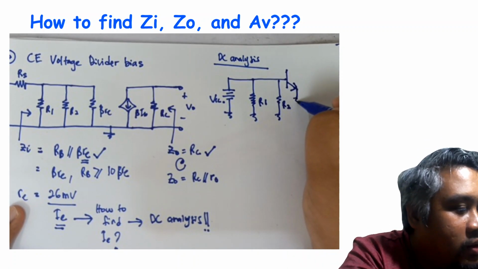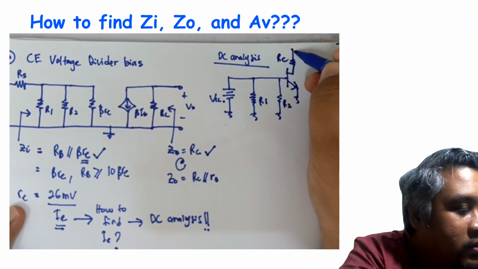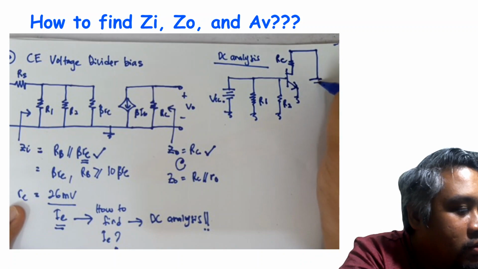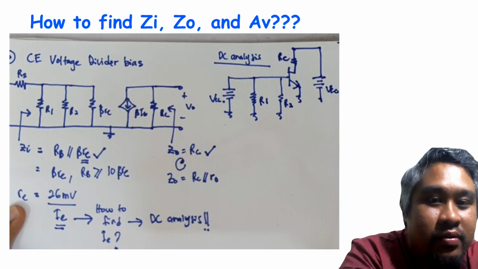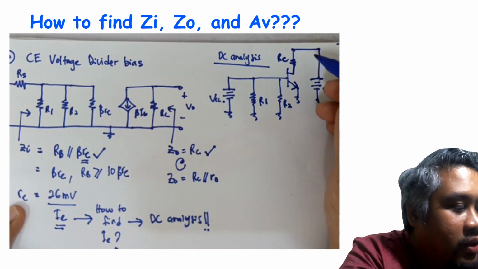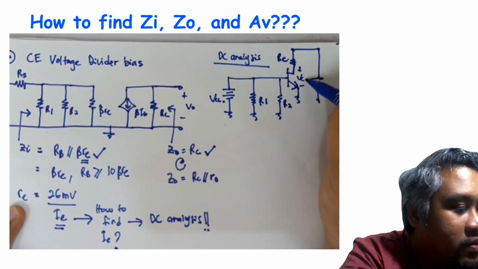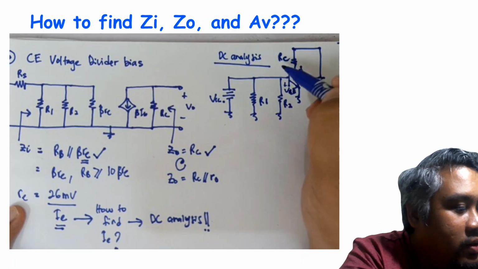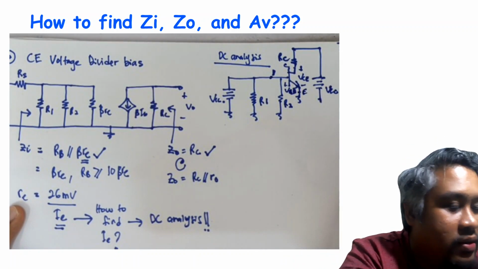Then this is our RC connected to VCC. Now we can label the positive and minus VCE, and here VBE. This is our base, this one collector, and here is our emitter.